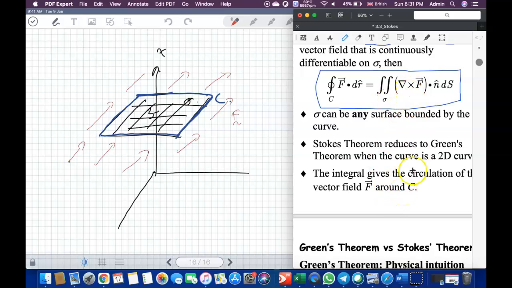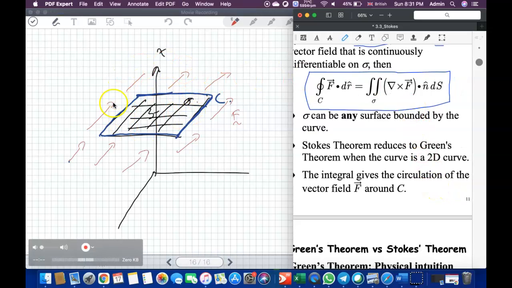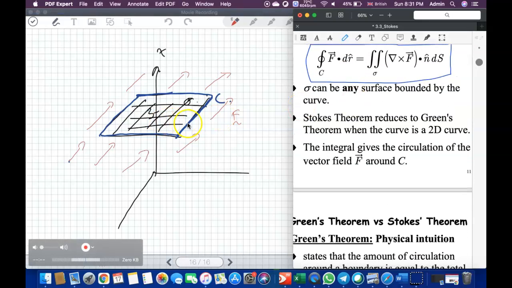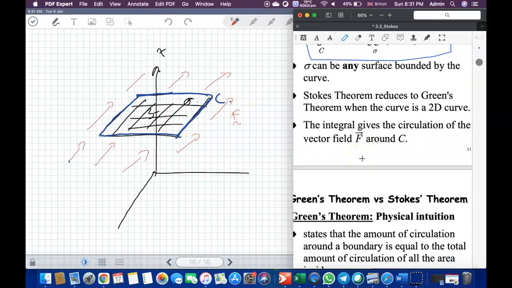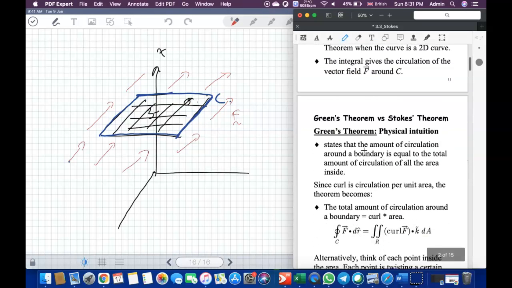You know that curl F means circulation, so the circulation of the vector field F. Imagine on the surface there is a vector field F. The circulation of the vector field F around C is the thing that you compute from this formula, from Stokes theorem. We are computing the circulation of the vector field F around the curve C. That is the physical meaning of Stokes theorem.